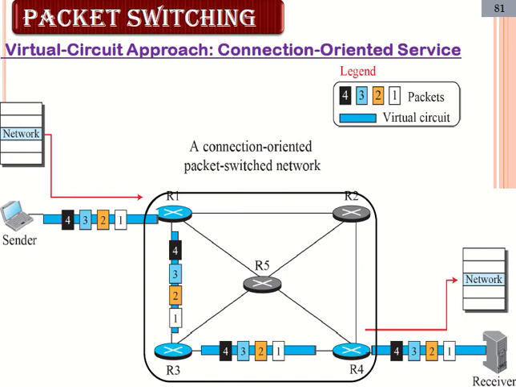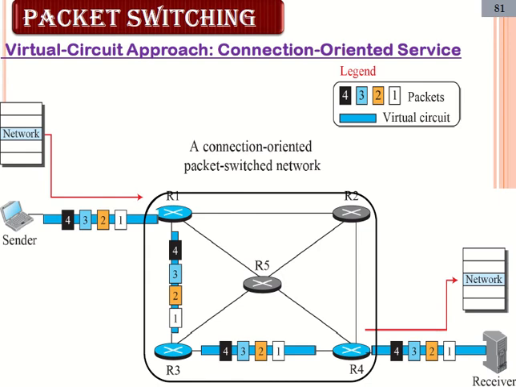Here, as we said, in the virtual circuit approach, initially the path has to be created. Only then will the data be transmitted. In order to create this path, in the virtual circuit approach, there are three phases.